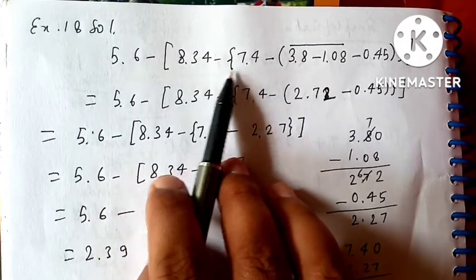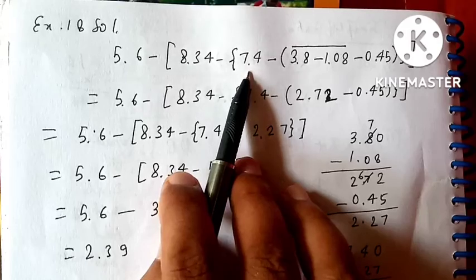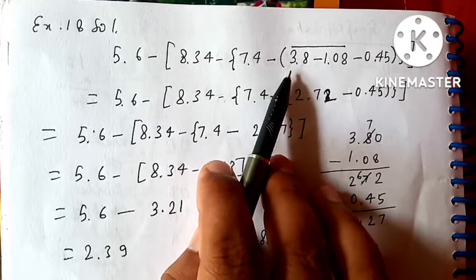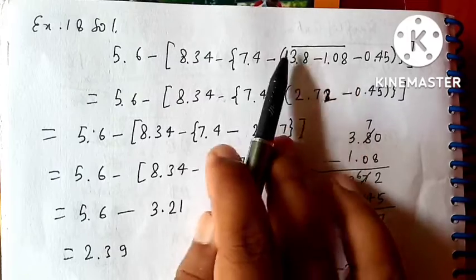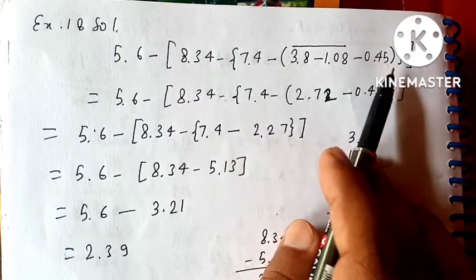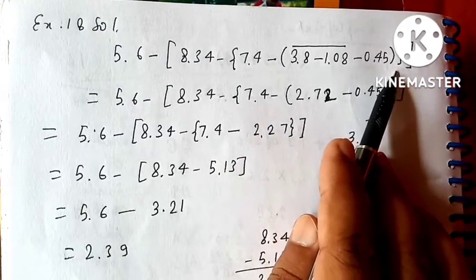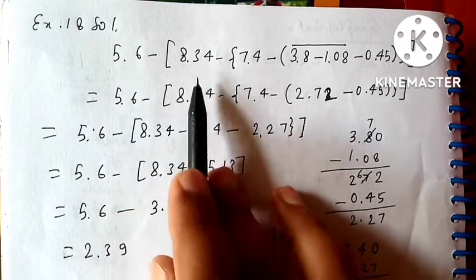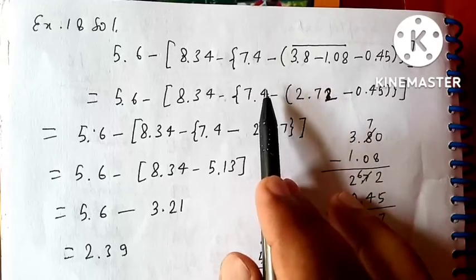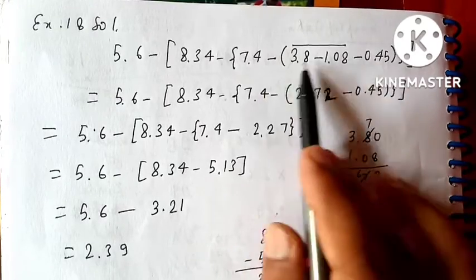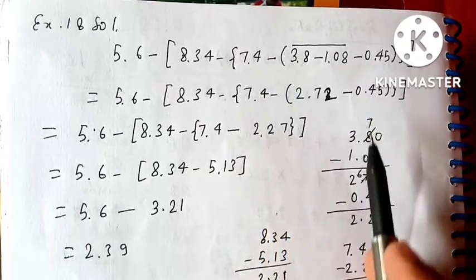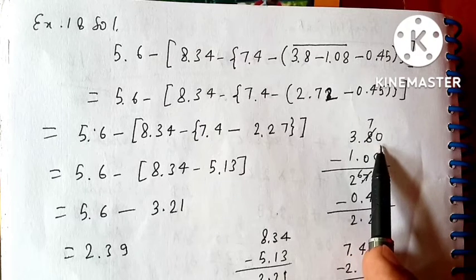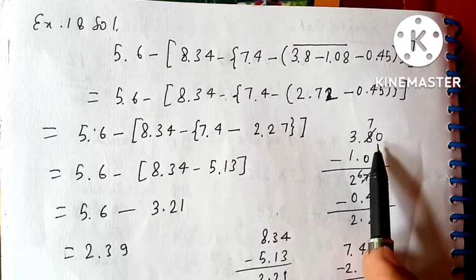Next, 8.34 minus curly bracket 7.4 minus small bracket, 3.8 minus 1.08 bracket minus 0.45 small bracket close, big bracket closed. Minus, this all are written as it is. We firstly operate line bracket, so 3.8 we may increase decimal places, so we have 3.80.